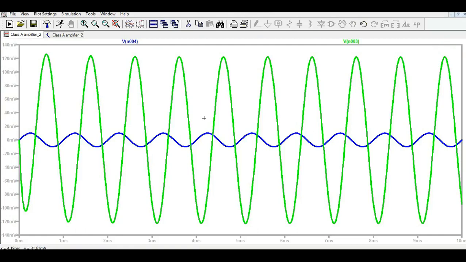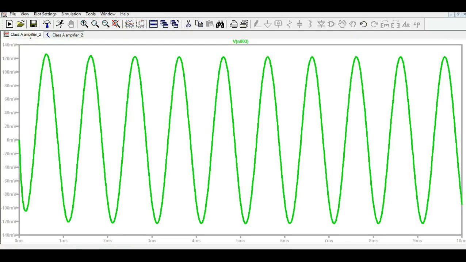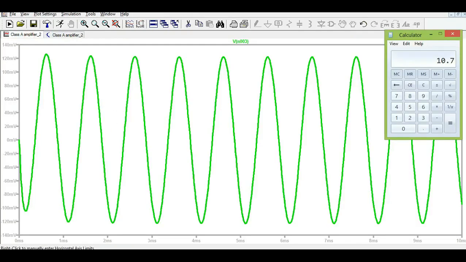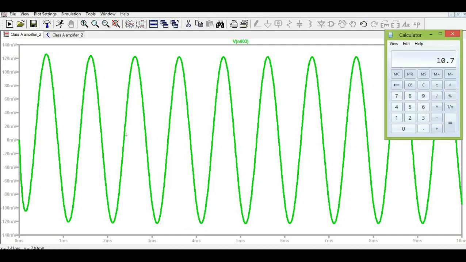Earlier your gain was 10.7, if I remember correctly, and now let me check the peak voltage for this. I see here it is 123, which means your gain has increased to 12.3.